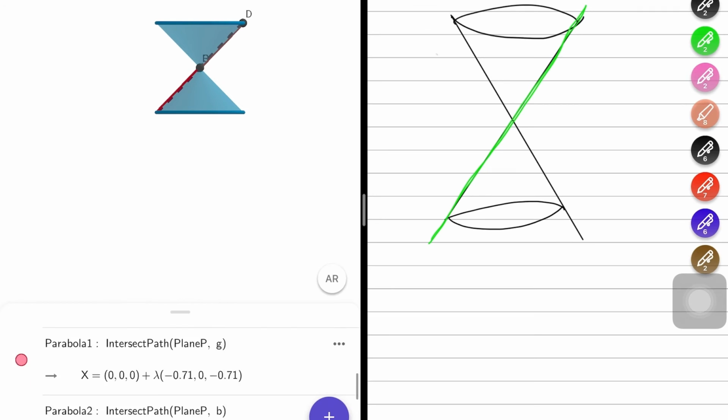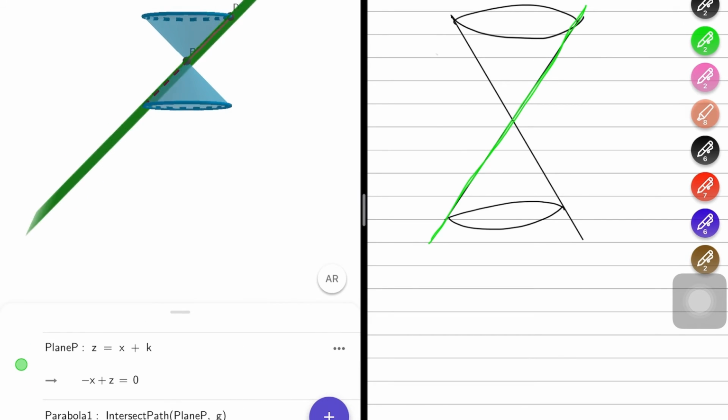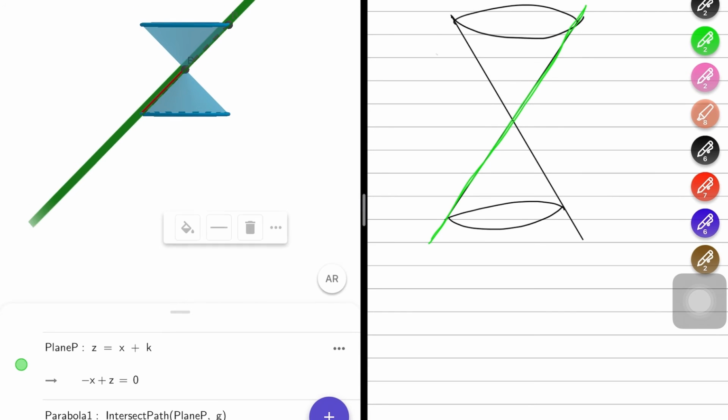I will show you the position of the plane as well. We observe that the plane just passes through the vertex of a cone, and in this case again this is alpha and this is beta.